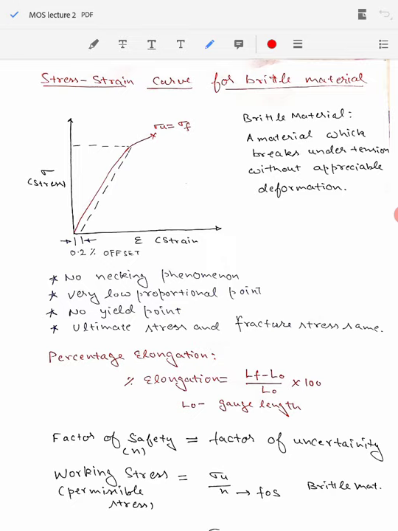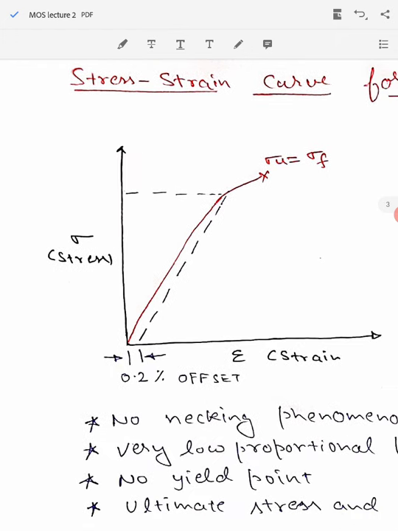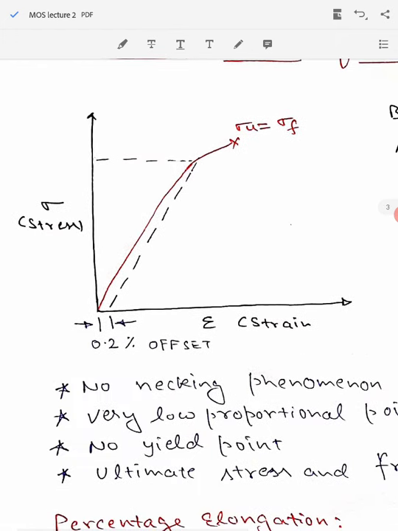This is a typical stress strain diagram for brittle material. There are certain characteristics of this stress strain diagram, and we see here that there is no yield point as such. The proportional point and elastic point are again one and the same.